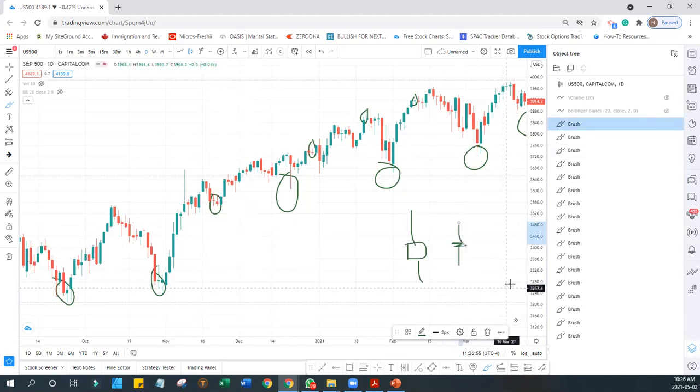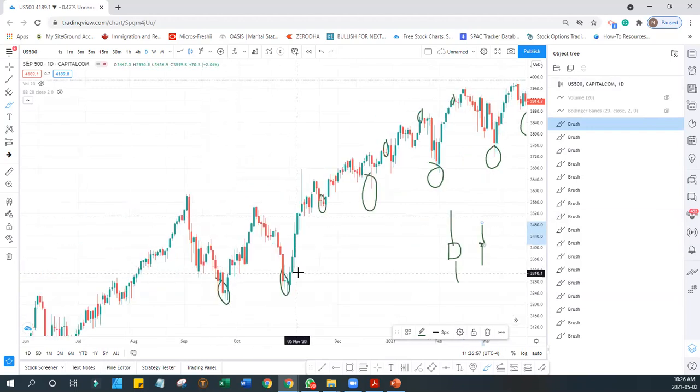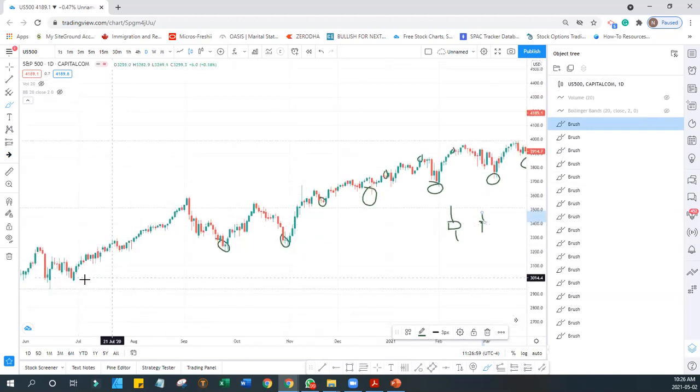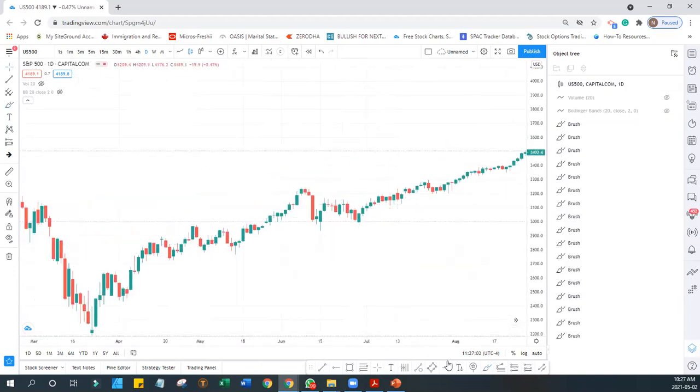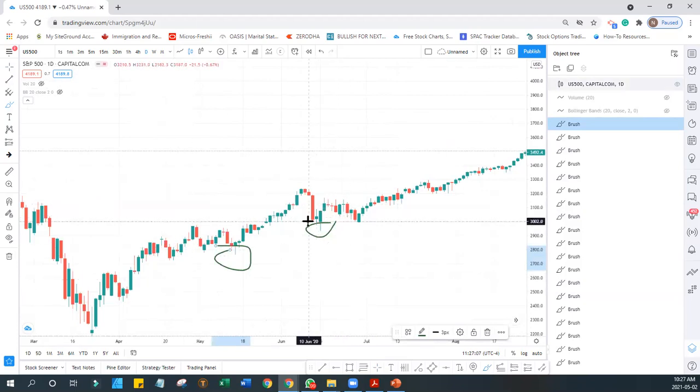This is called a doji. Always look at the wick. This is like a hammer, but this is a doji. That means the market is going to fall a little bit. This is the bigger time frame, not the smaller time frame.